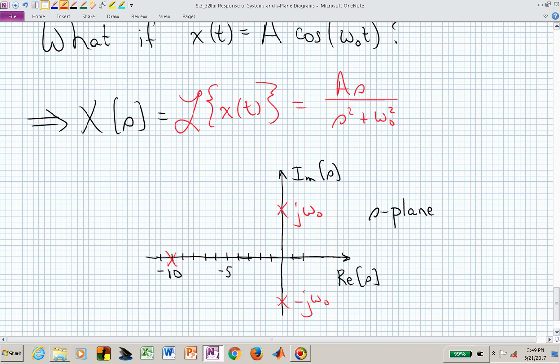And we will have terms in capital Y of S associated with poles at plus and minus j omega naught, and that will give rise to a sinusoidal waveform in the output at the same frequency as we excited the system with. We will just have the amplitude maybe modified and the waveform shifted in time slightly, and that's where we want to head in our next set of videos.